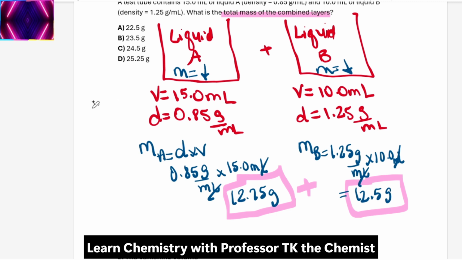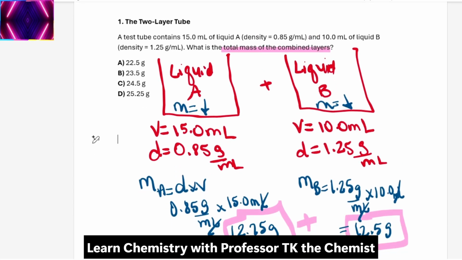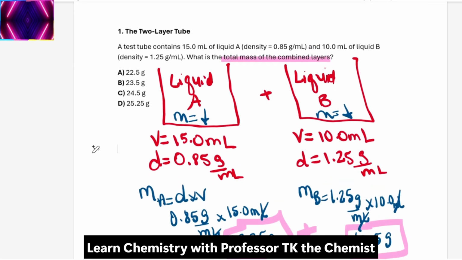Okay, let's go through this one again, okay? So in the test tube, a test tube contains 15.0 milliliters and it has a density of 0.85. So in this case right here, you're going to actually multiply these two numbers right here. 15.0 milliliters times the density.